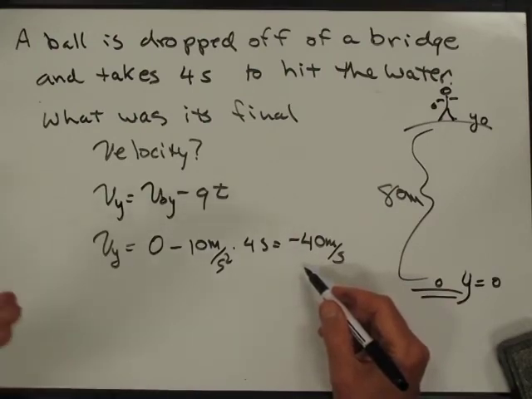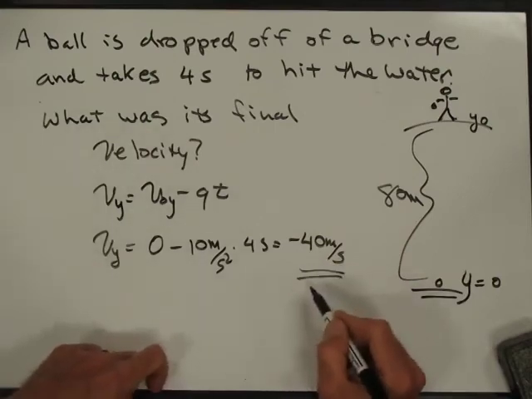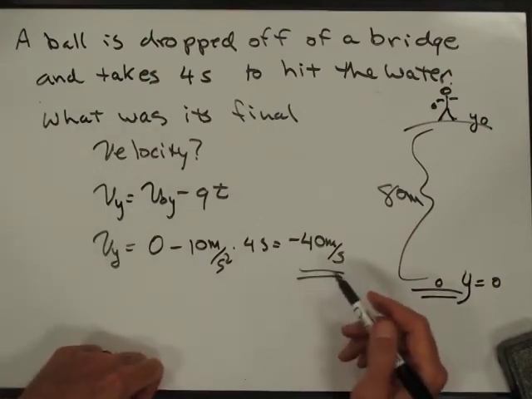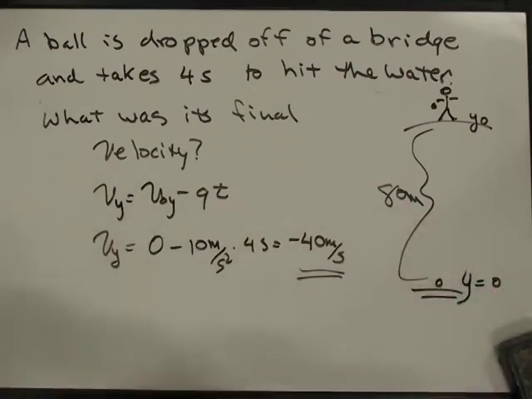That's what gravity is, minus 10 meters per second per second. Since 4 seconds went by, it has to be minus 40 meters per second. Of course, in these free fall problems, we're neglecting things like air resistance and other smaller factors.